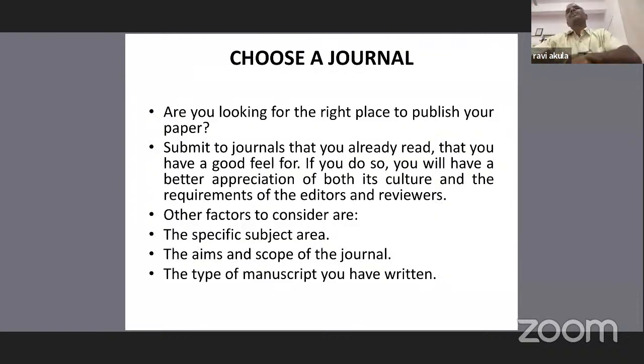So after deciding the article type, whether original research paper or review paper or the short communications, then you need to go for an appropriate platform for publishing the paper. So where we need to have the journals. So choose a journal. So how do you choose the journal?